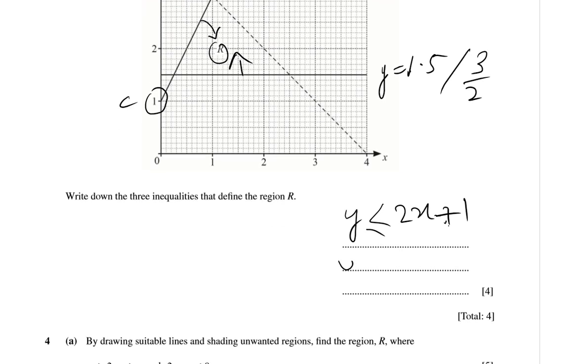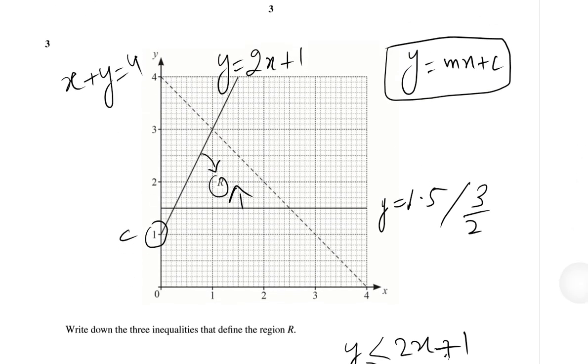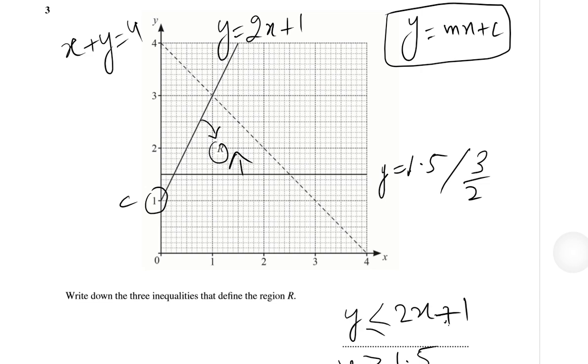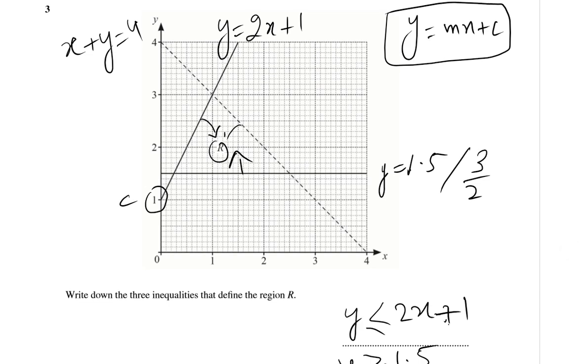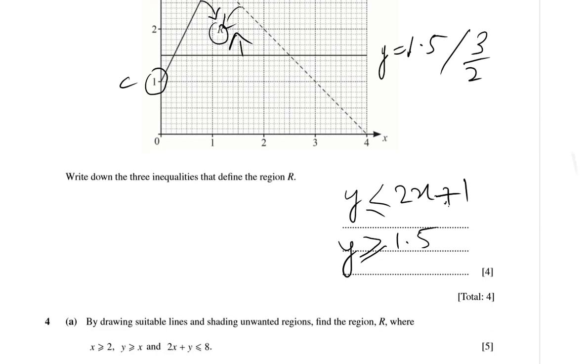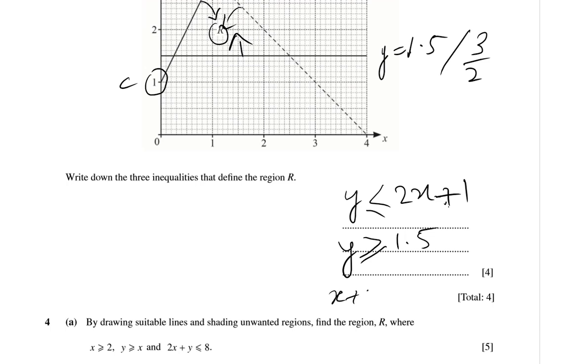So you will write y, it is also a solid line, greater than or equal to 1.5, and lastly x plus y is equal to 4, it is on the lesser side and it's a dotted line. So x plus y, or y plus x, is less than 4.